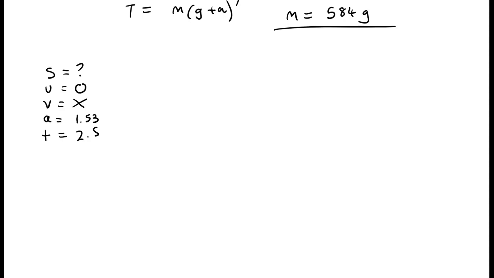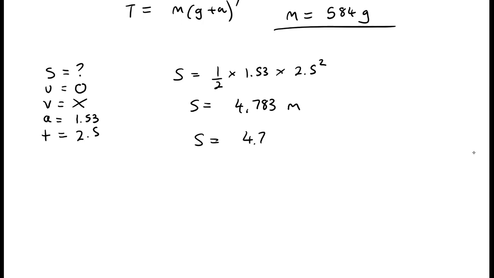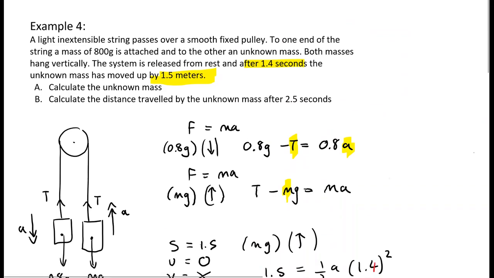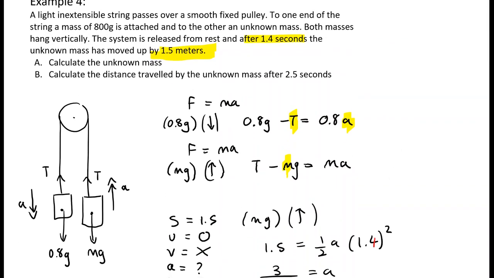That's s equals ut plus half at squared. ut doesn't need to be written as it's 0. 1/2 multiplied by 1.53 by 2.5 squared. 4.783 meters, so it travels a distance of 4.78 meters in the first 2.5 seconds. As it's distance, the direction doesn't really matter.